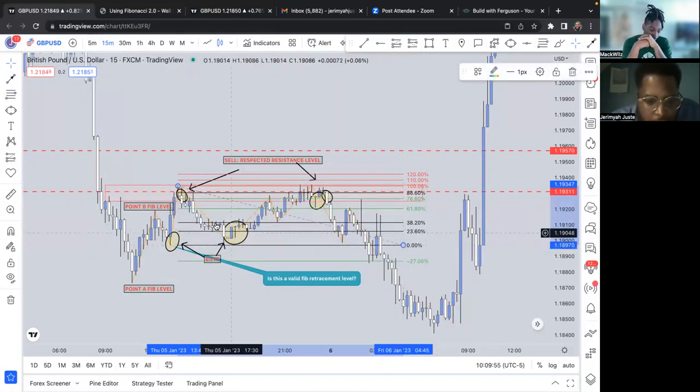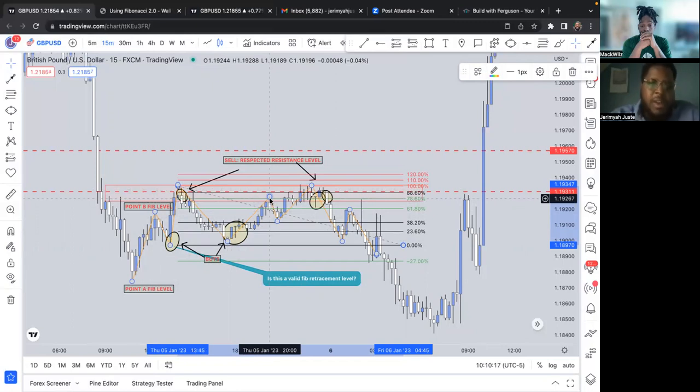Boom. So price came down, retraced back up here to the 78.6 zone.